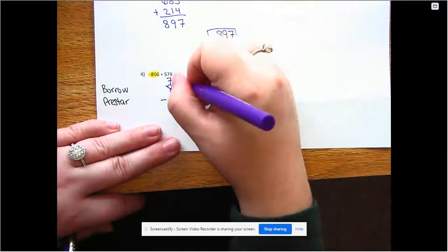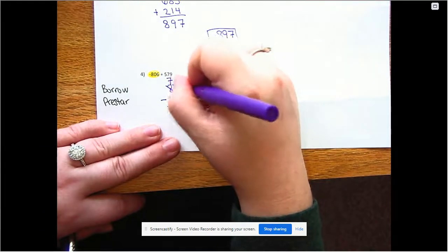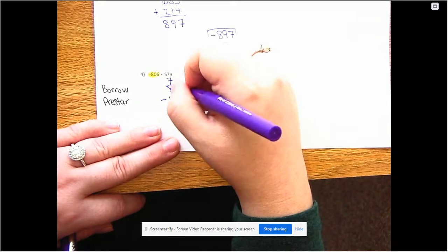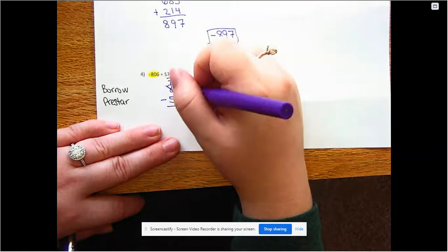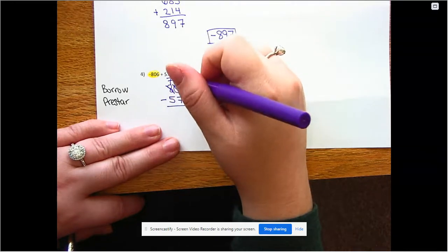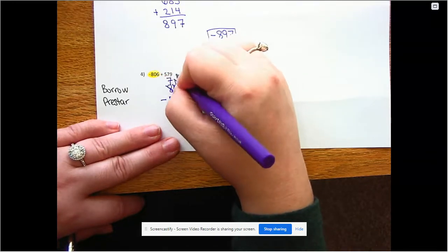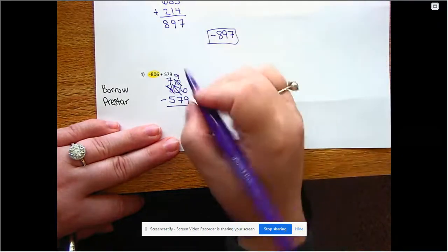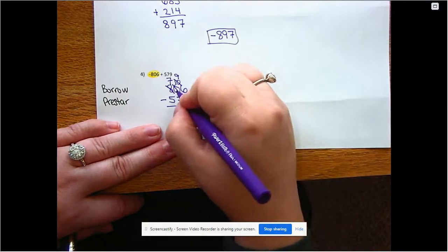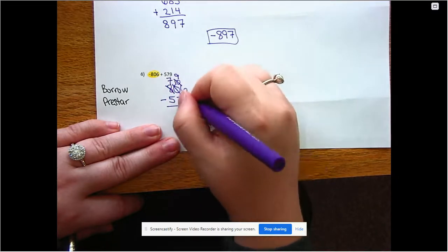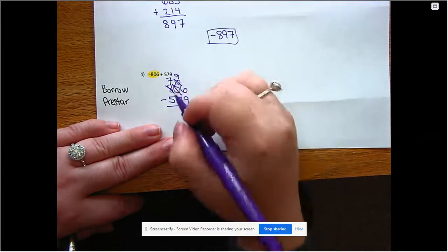But we have to borrow in order to do 6 minus 9. Pero tenemos que prestar otra vez porque necesitamos hacer 6 menos 9. Y no se puede ahorita. So the 10 becomes a 9. 10 cambia a 9. Remember, when we have 0 here, we have to borrow 2 times if you can't do it first. ¿Recuerdas?